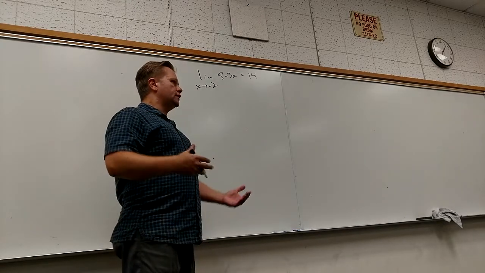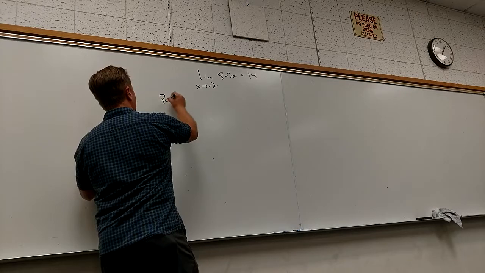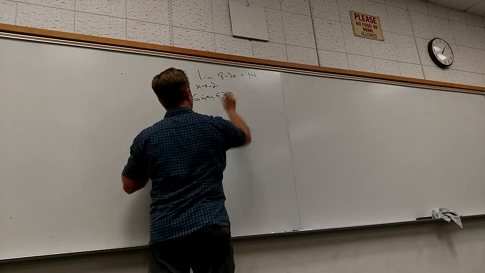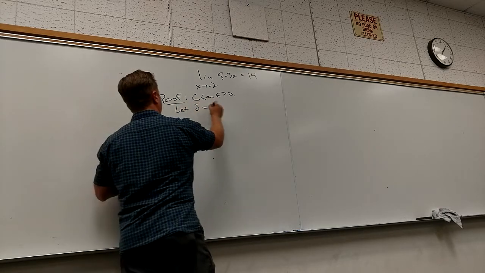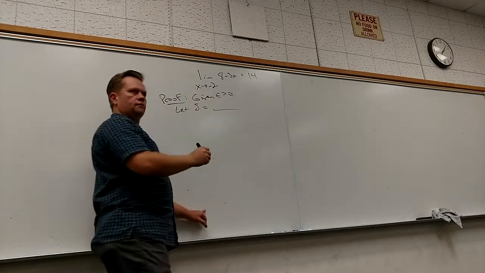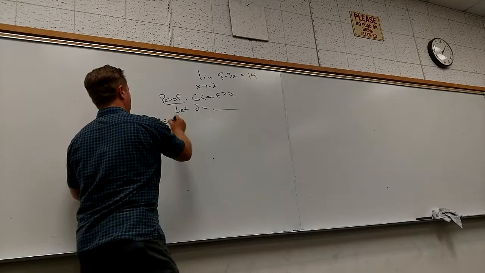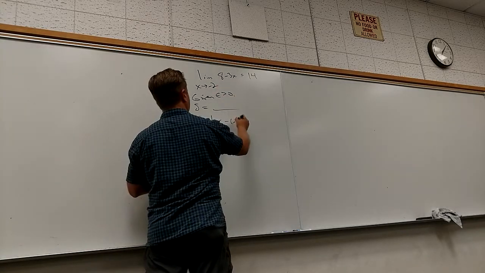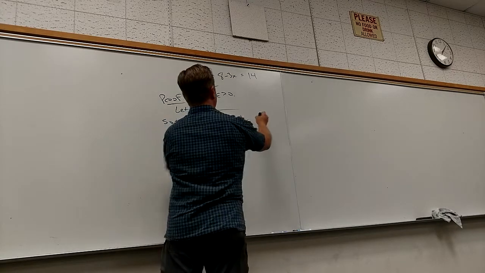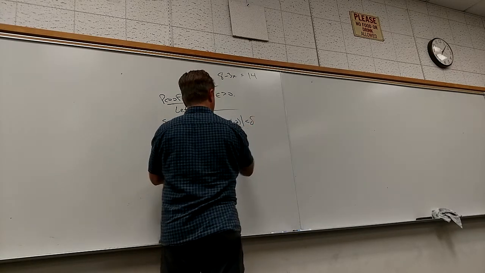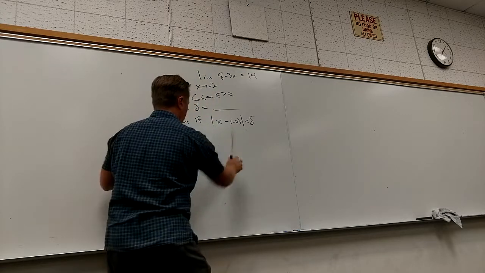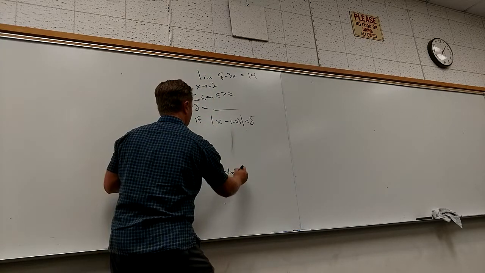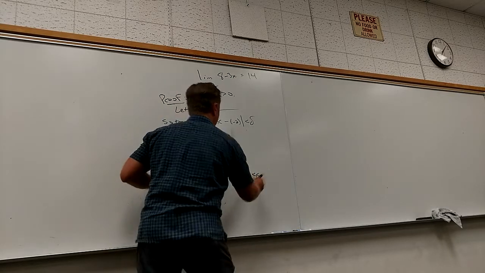So you start with the side work. Now the proof is going to look like: given epsilon greater than 0, let delta equal something, so that if |x minus -2| is less than delta, you're going to work it out so that you end up with |f(x) minus the limit| is less than epsilon.